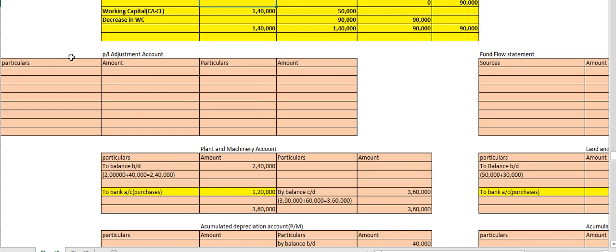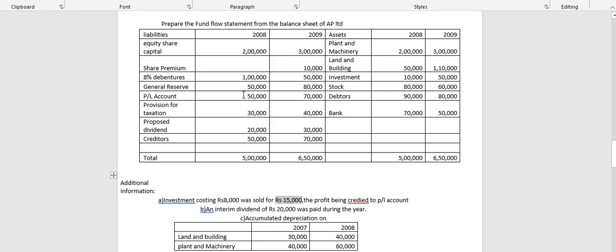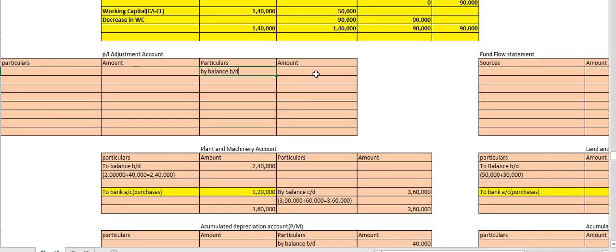So moving on to the profit and loss adjustment account, we will start with the balance brought down. By balance brought down, we have the profit and loss account 50,000 opening balance and closing balance is 70,000.